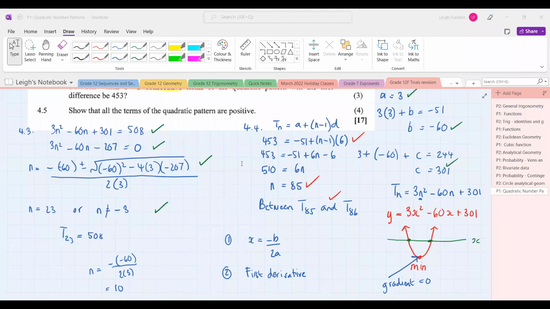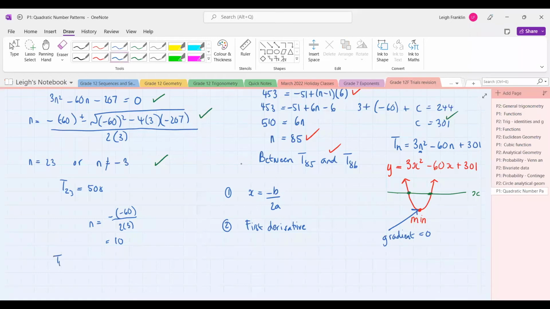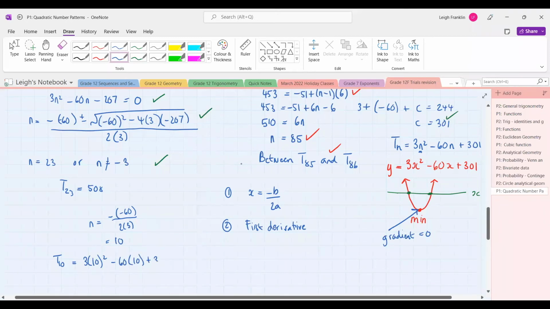Let's just go down a little bit. And now we can go ahead and sub in our 10. Okay, so our minimum is taking place at the 10th term, so we want to work out what that is. So we're going to say 3 times 10 squared minus 60 times 10 plus 301.